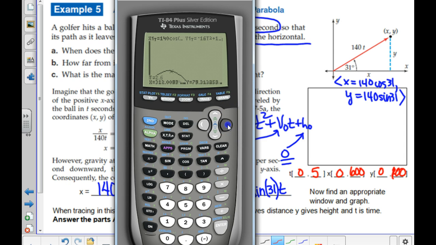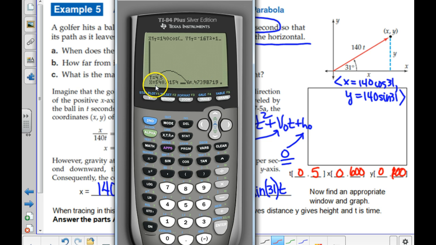Keep going till it hits the ground. What do you want to be 0 then? You want to get the y value as close to 0 as you could. 540 gets me pretty close. So, question, how long is it in the air? Right here it says 4.5 something, right? So about 4.5 seconds and it hits the ground.